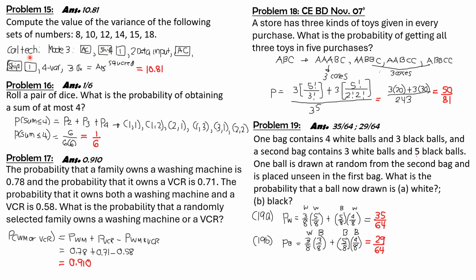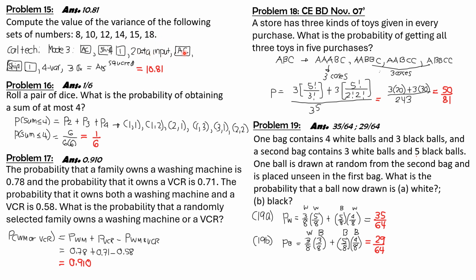But I use the Casio calculator technique here. Statistics mode 3, then press AC, then press shift key, then 1, then input the data for x, all these 6 values.